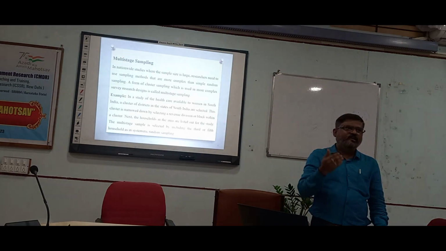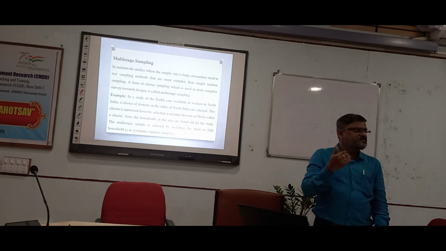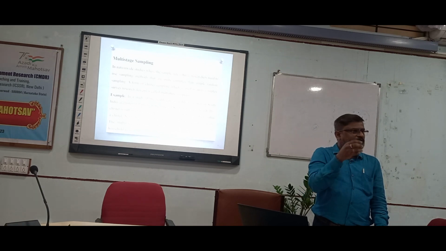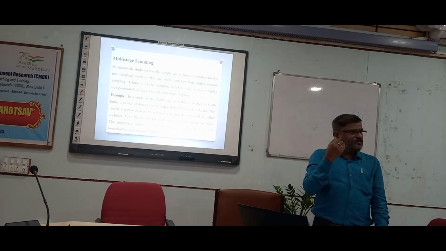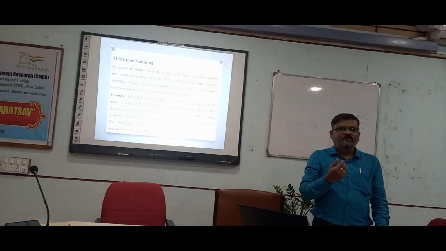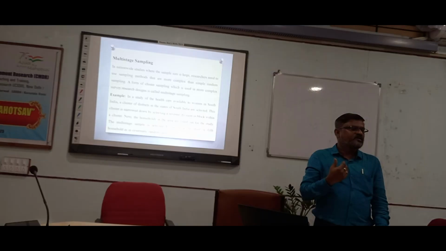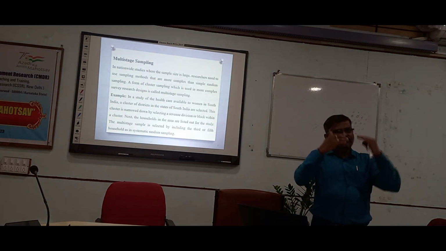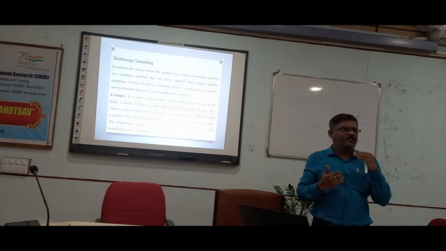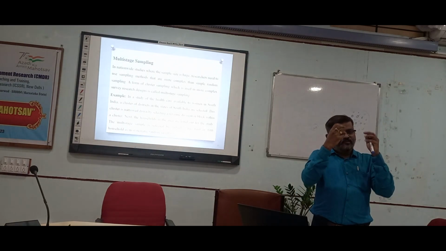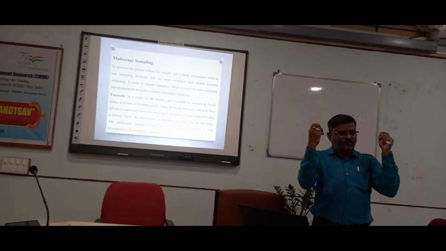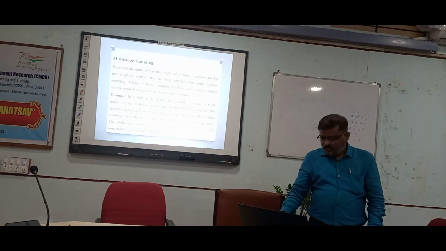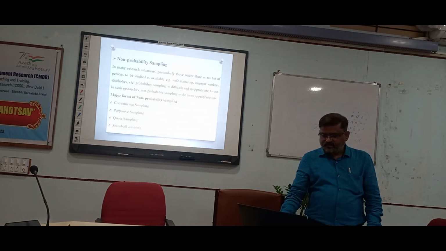In the third stage, within those districts, you choose one or two talukas. Within those talukas, one or two villages. Within those villages, you may be confined to certain social groups as well. This is what we call multi-stage sampling, where the sample is drawn through multiple stages.